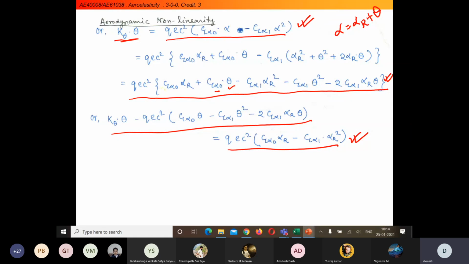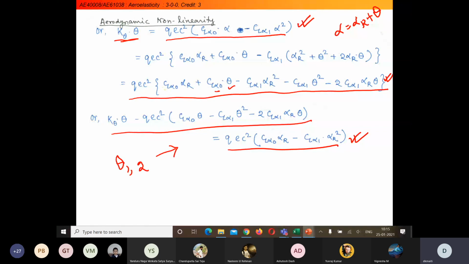For these two values, the system will be stable or unstable. As we are considering the stable system, we will be able to get the response of the system at which these two forces are in equilibrium.